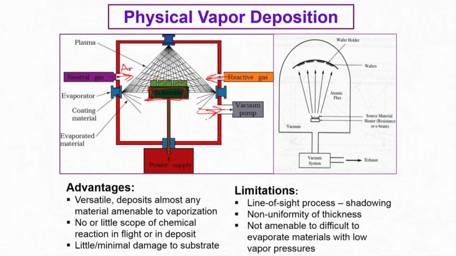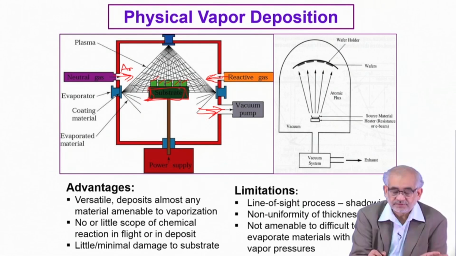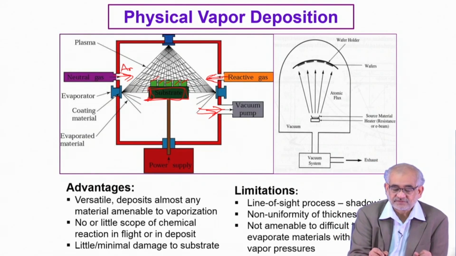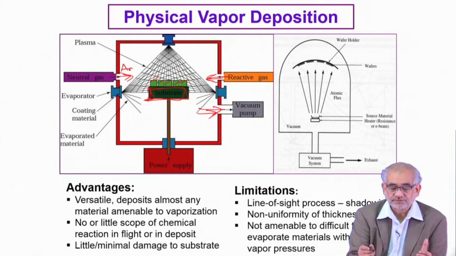And now once you create this high vacuum and apply a high amount of current, you evaporate these materials, and with the evaporation you create a certain amount of vapor atmosphere of the component that you want to coat.